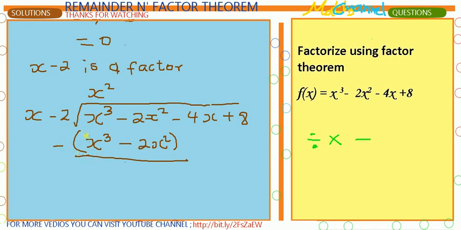You'll have negative x cubed plus 2x squared, and then this one will give you 0, and this one will give you a different sign. It will give you 0 as well. Surprise, surprise. So we have something like 0 here. So we won't divide by anything.